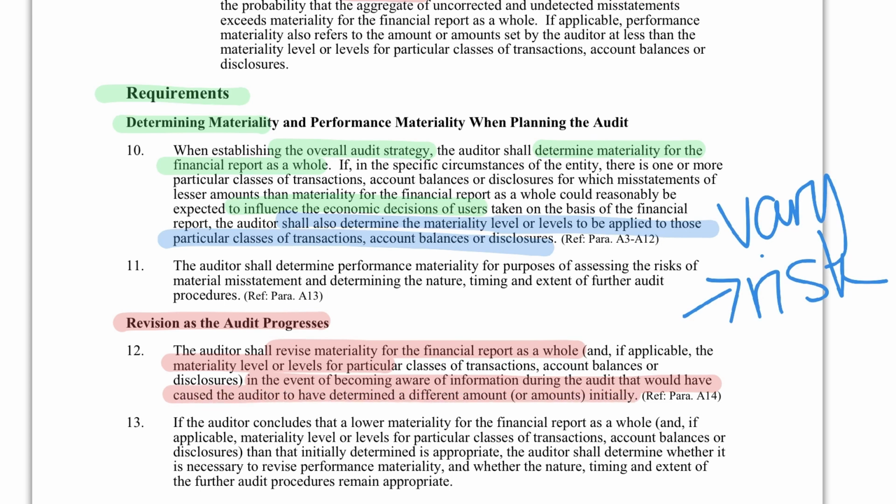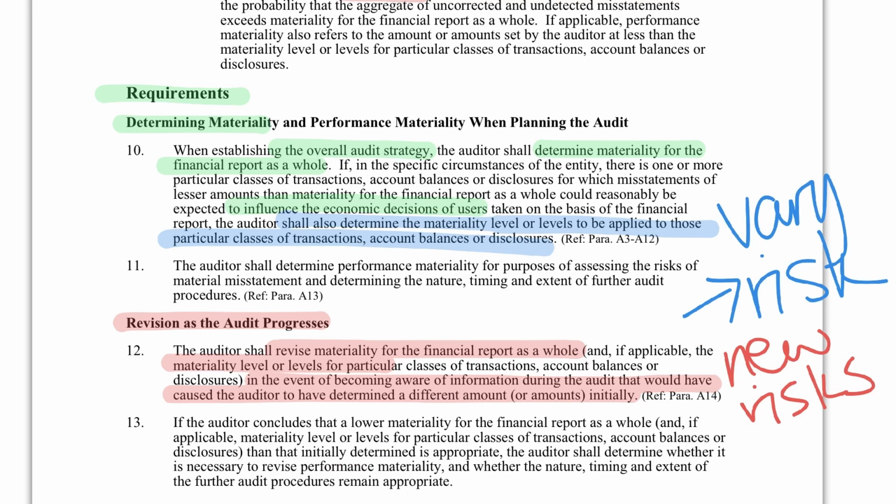So essentially what this is saying is if we discover new risks or new evidence that might indicate there's a greater proportion of misstatement or a greater chance of misstatement, I need to revise my materiality down. Now, if I am changing my materiality, it almost always goes down, it doesn't go up.